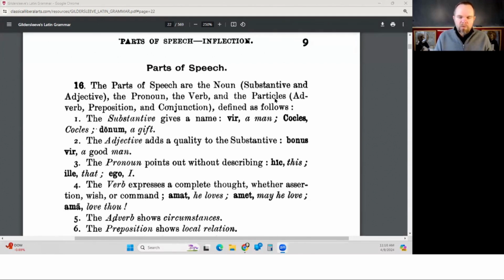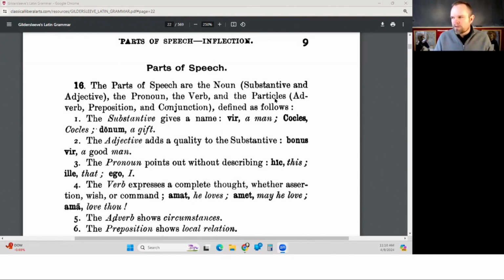And the reason why is because some of these parts of speech are related in some ways, and you could lump them together and have two parts of speech really just be one part of speech. So the number of the parts of speech may vary from one book to another, but if you understand what they are, you'll understand what the parts of speech really are and why that numbering isn't very important. And I'll give you an example of that in a minute, okay? But the main parts of speech are the noun, pronoun, and verb.